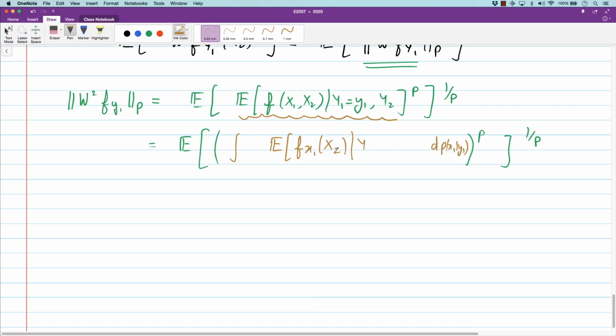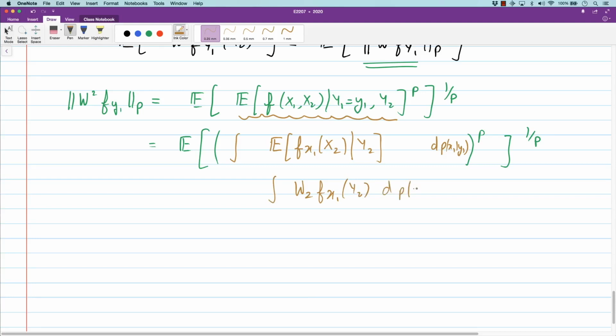So given y2, x2 is independent of y1 and x1, and therefore we can only write it as this. So once again, the point here is that this inner part can be written as the W2 operator, not the superscript 2, the second channel, of f subscript x1. That's this conditional expectation evaluated at y2. That's the random variable we have.